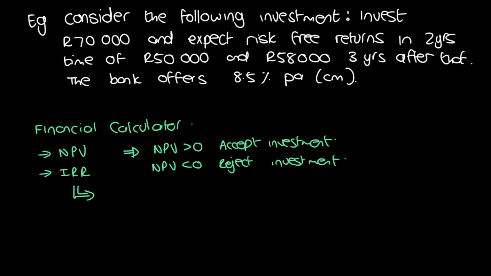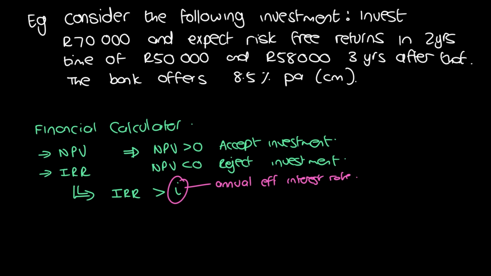Then we have the IRR. For the IRR, we compare the internal rate of return of the project with the bank's interest rate, and we're comparing them with equivalent interest rates, particularly the annual effective interest rate. So just a reminder, this needs to be an annual effective interest rate.